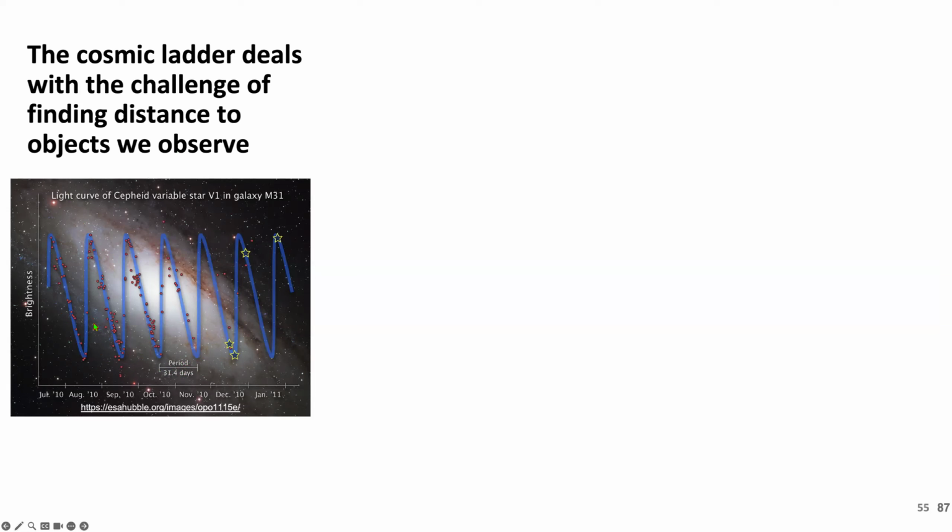And so pioneering work by a woman astronomer in the early 20th century gave us this incredibly powerful technique for measuring the distance to stars. In fact, here you see a Cepheid variable star in a galaxy far, far away, M31. Again, the M refers to Messier's catalog of galaxies.